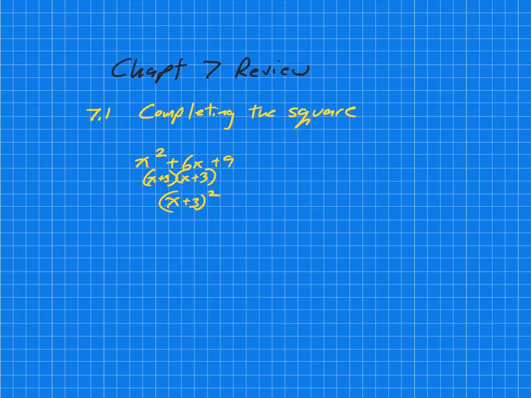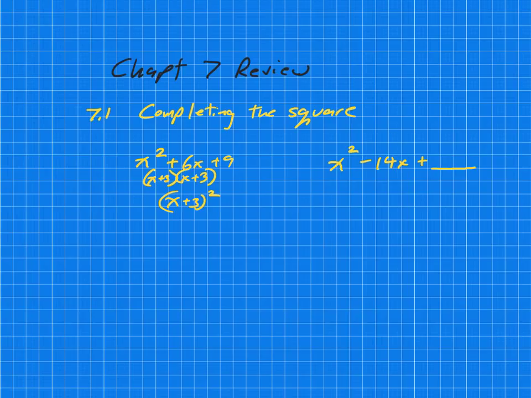What we recognize to complete the square, say, for instance, I'm asking you to complete the square x squared minus 14x plus some number. The number that goes in that blank spot is the number that completes the square and makes it a perfect square.